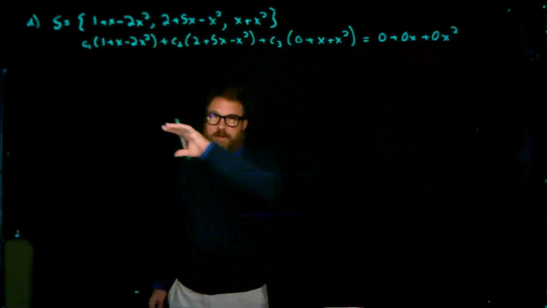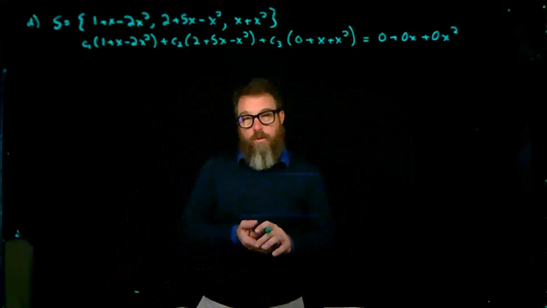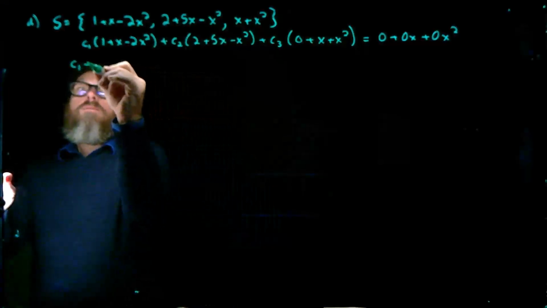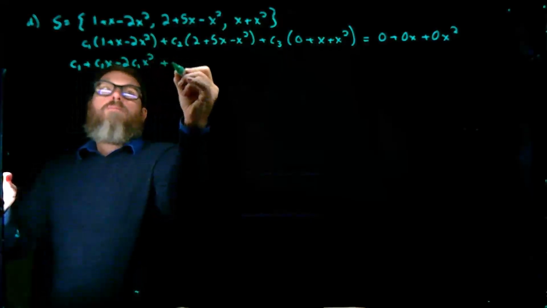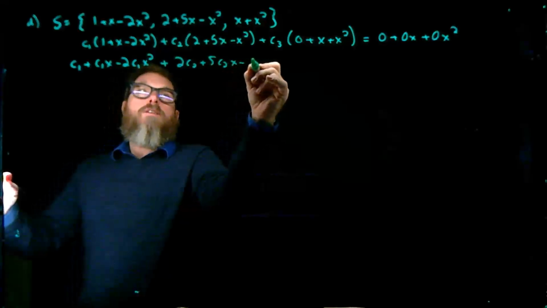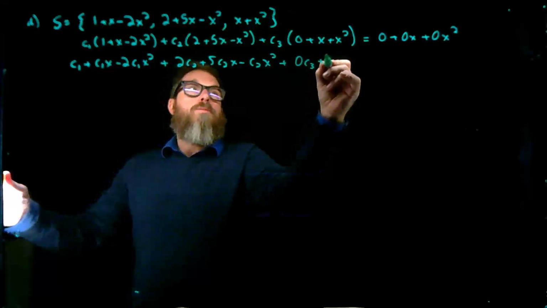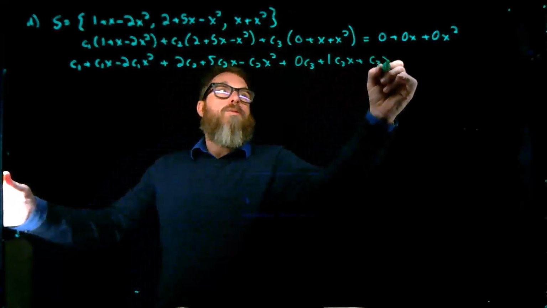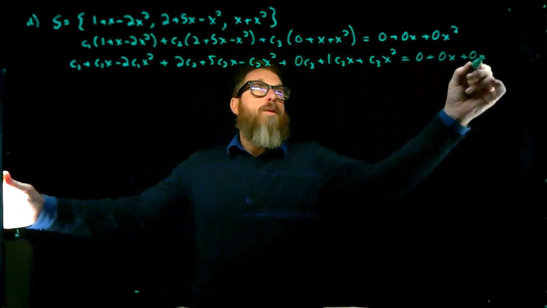What's interesting is once you combine like terms, this acts very much like your Euclidean space. So this is C1 plus C1x minus 2C1x squared plus 2C2 plus 5C2x minus C2x squared plus 0C3 plus 1C3x plus C3x squared, and this has to be equal to, again, 0 plus 0x plus 0x squared.